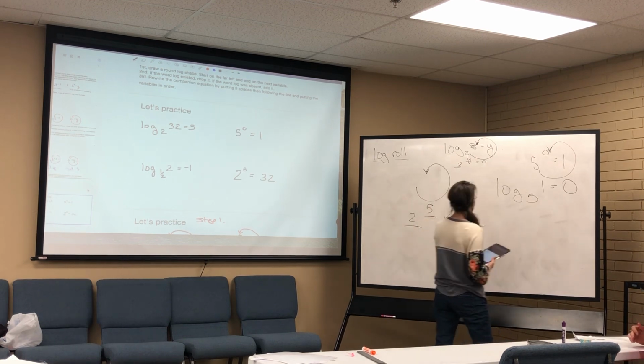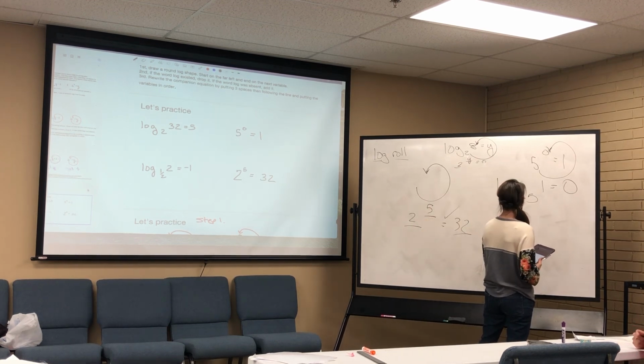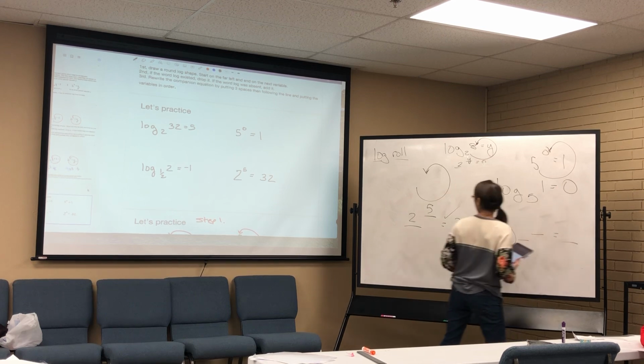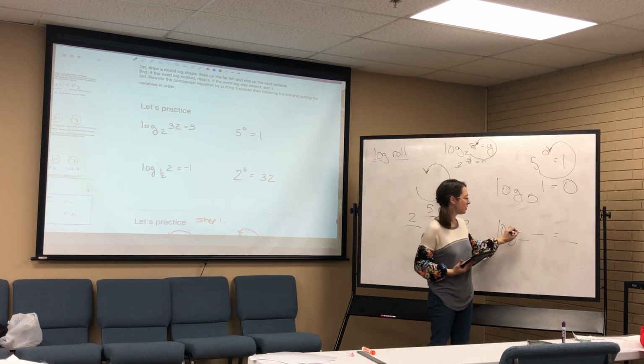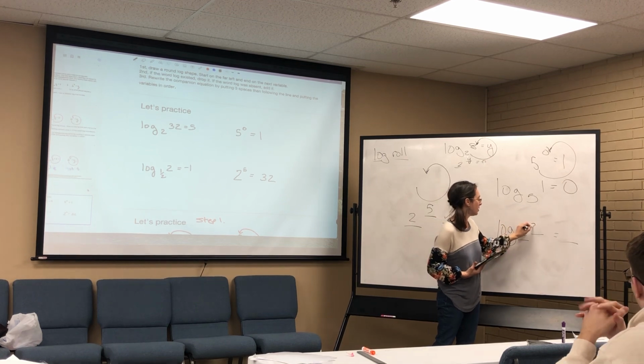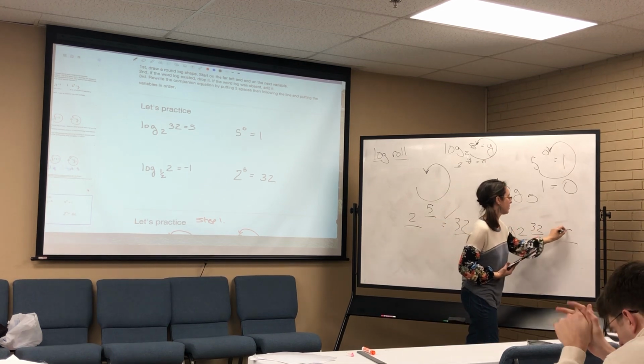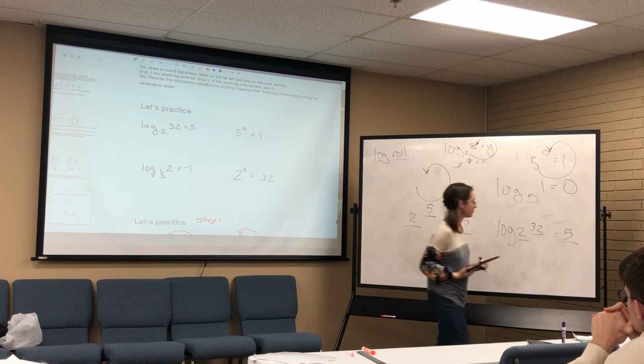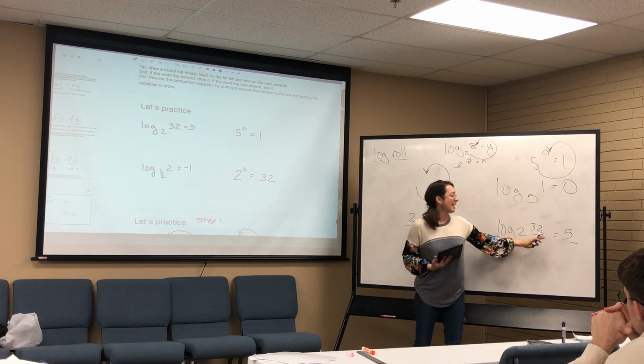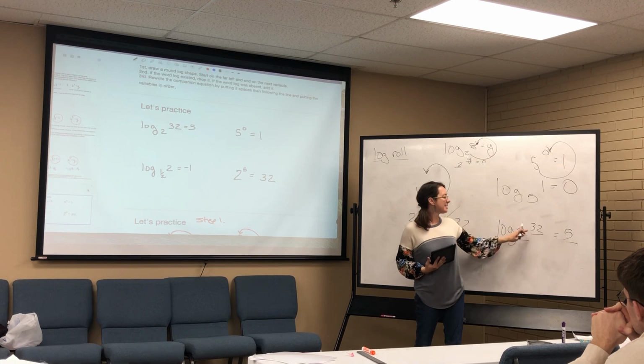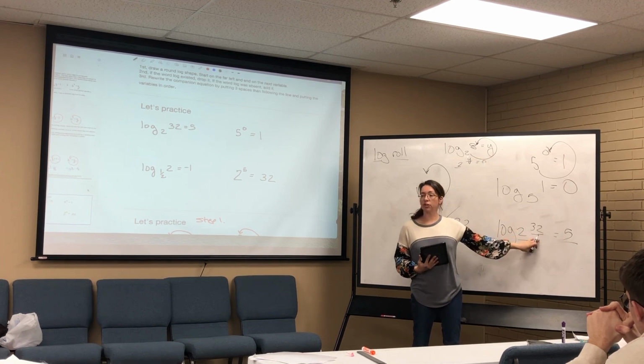Okay, and then what about the other one? We would need to write the word log. What's the first number we come to? The second number? 2 to the 32 equals 5. That's not right. So, in this case, this is not 2 raised to the 32.